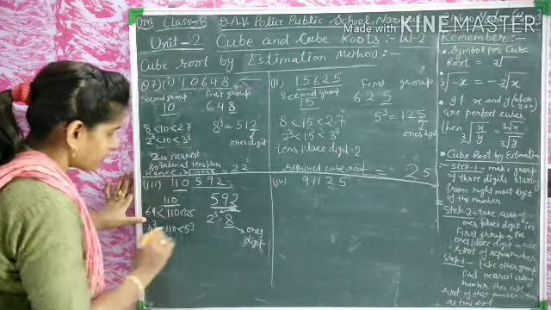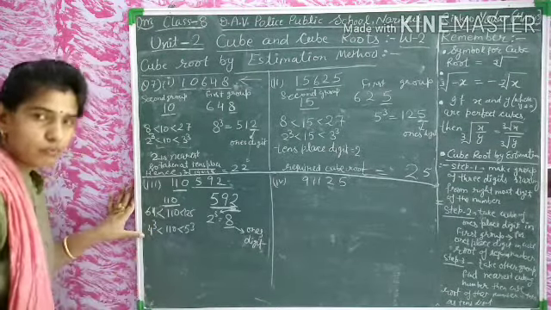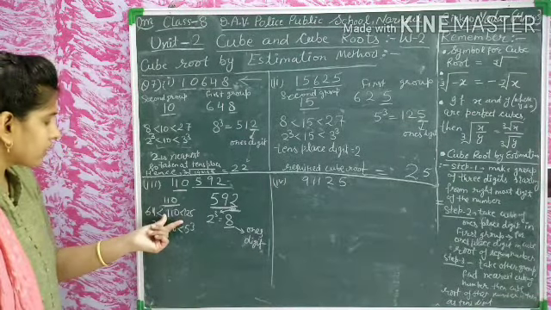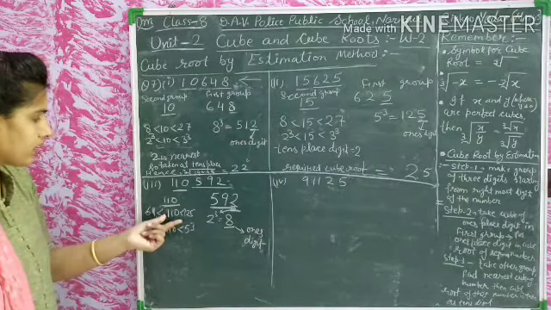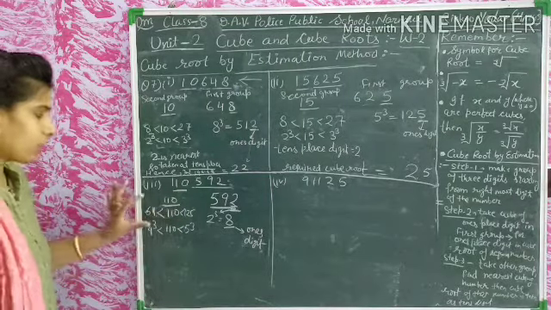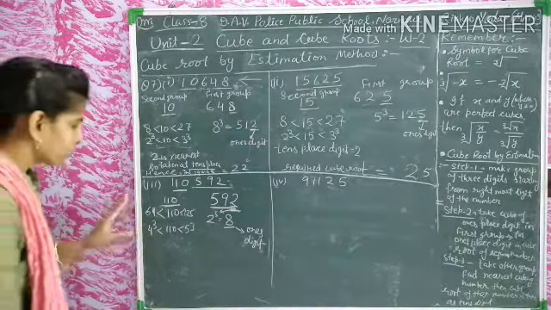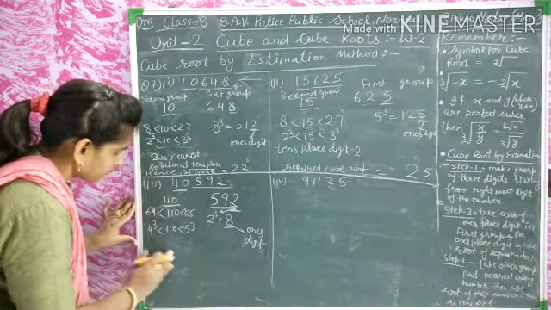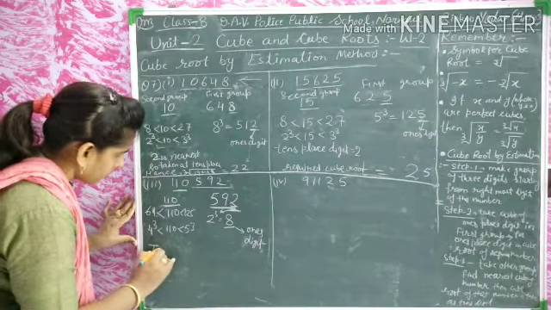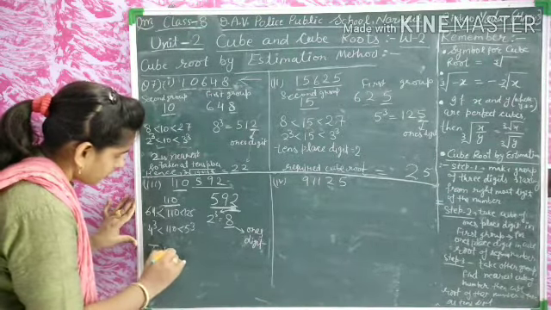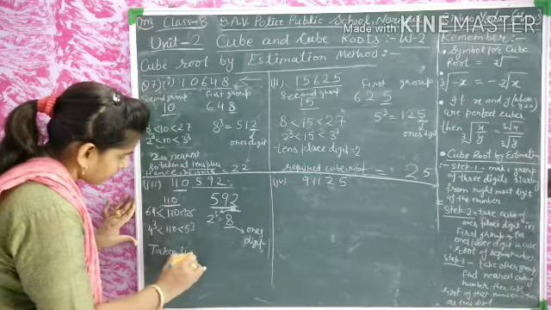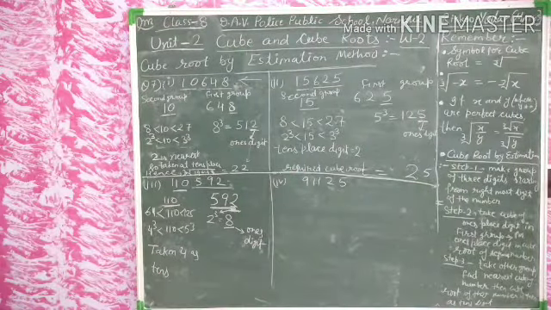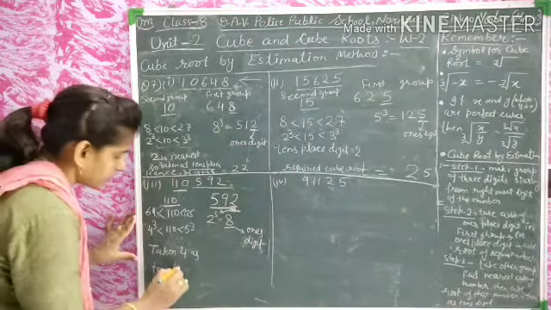So students, you can see that 64 is near about 110. Yes, 64 is near about 110. So we take 4 as the tens place digit.